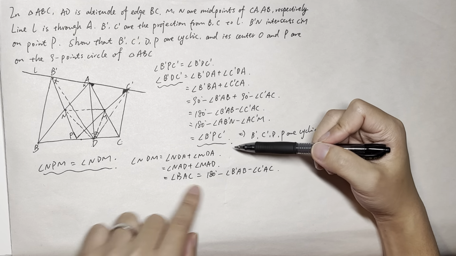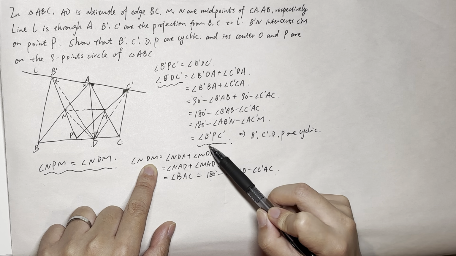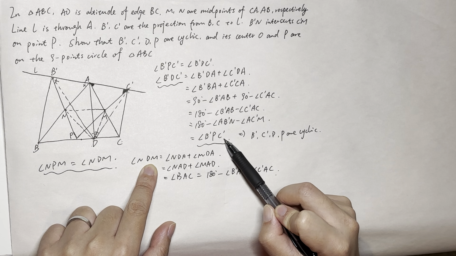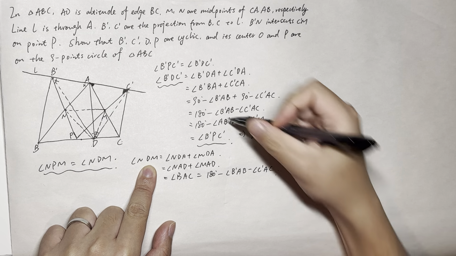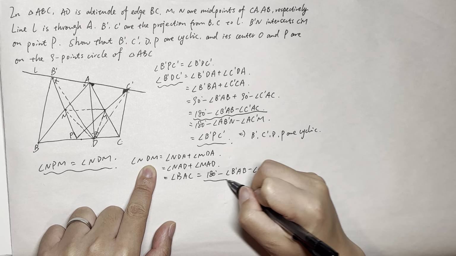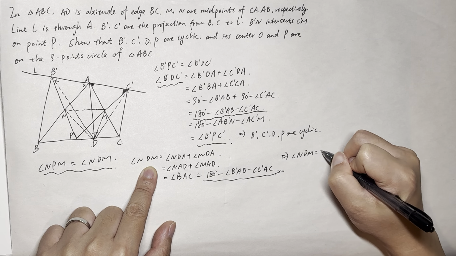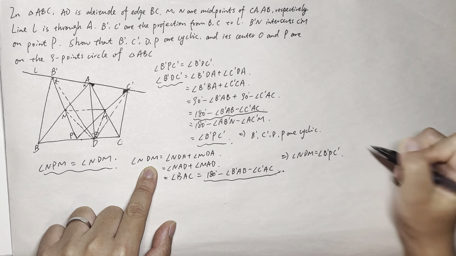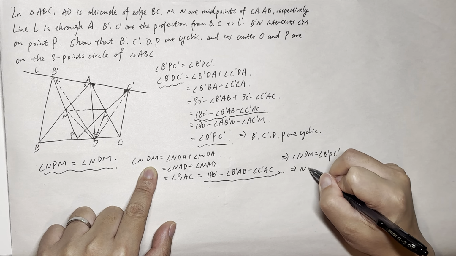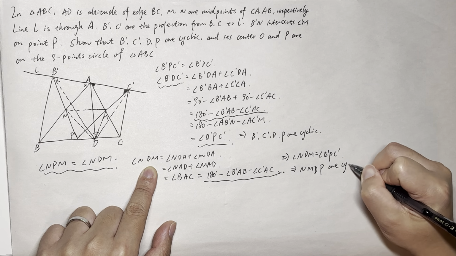So look here, angle NDM equals this one, and angle B prime PC prime, which is angle NPM, equals this one. Which means angle NDM equals angle B prime PC prime. So we know that NMDP are cyclic.